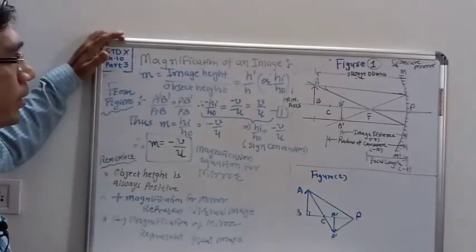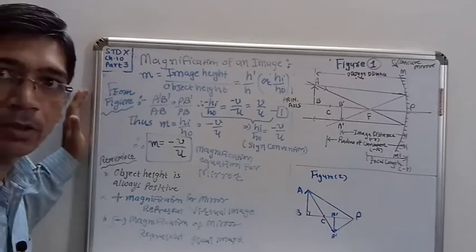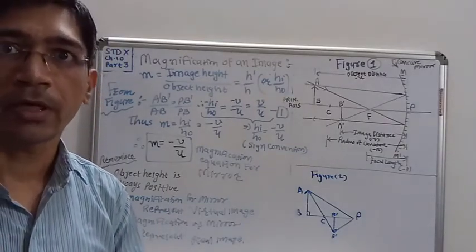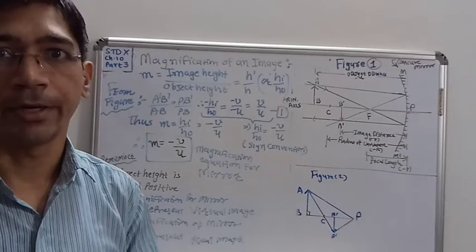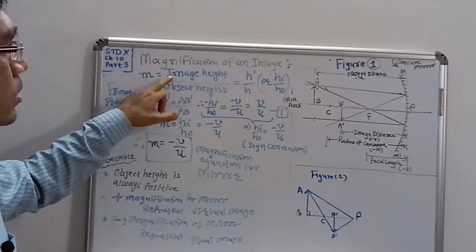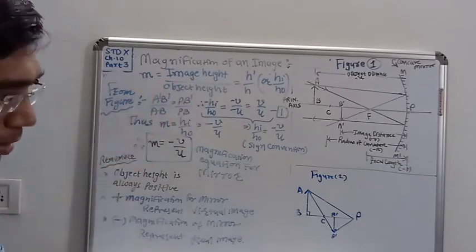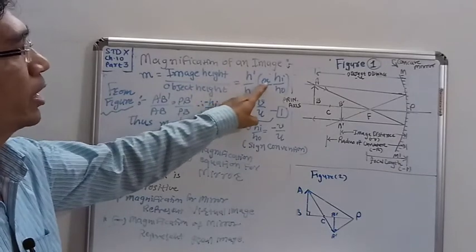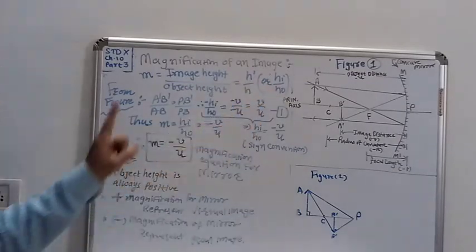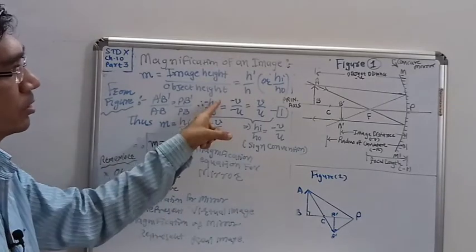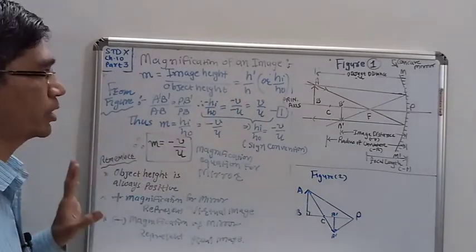Magnification of an image. The magnification of the image is taken as the ratio of the image height to the object height. So M is the magnification of the image, which is image height upon object height, taken as h' upon h or hi upon ho, where h' is equal to hi, the image height, and h is equal to ho, the object height.